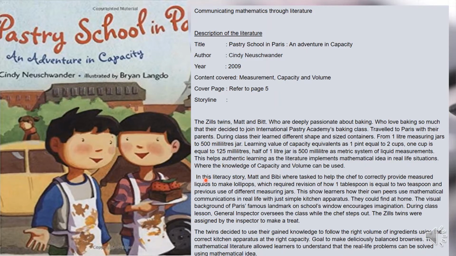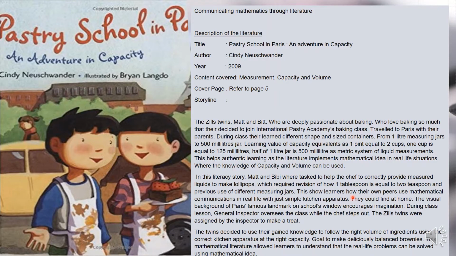In this literature story, Matt and Pitt were tasked to help the chef correctly provide measured liquids to make lollipops, which required a revision of how 1 tablespoon is equal to 2 teaspoons, and from previous use of different measuring jars.